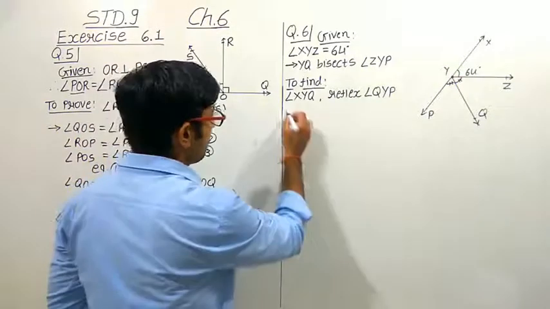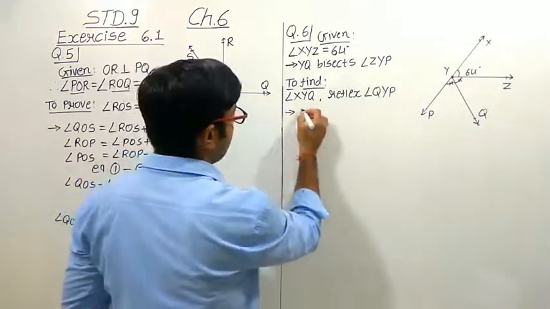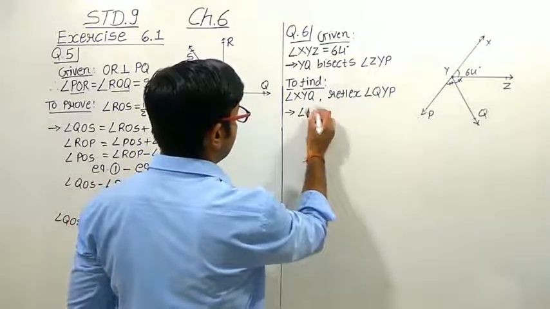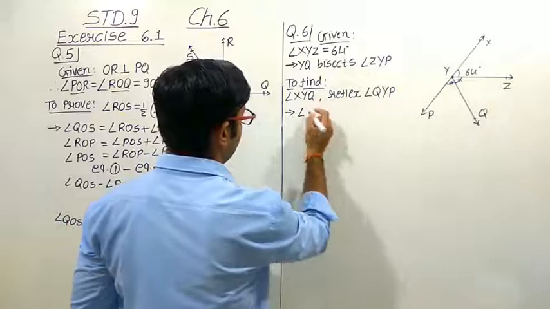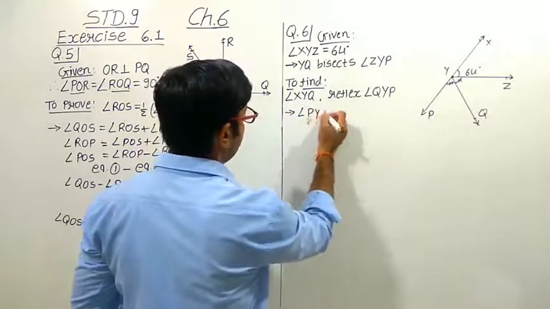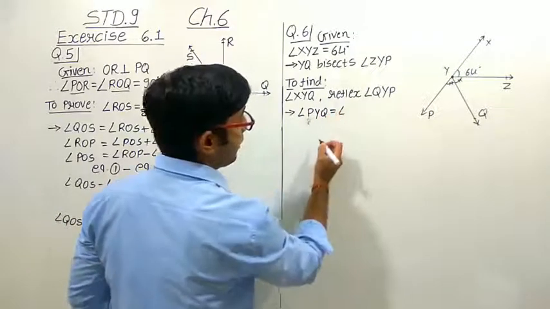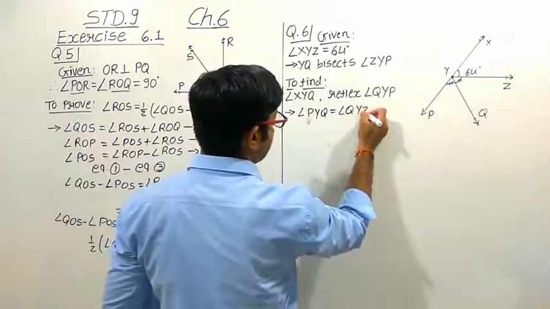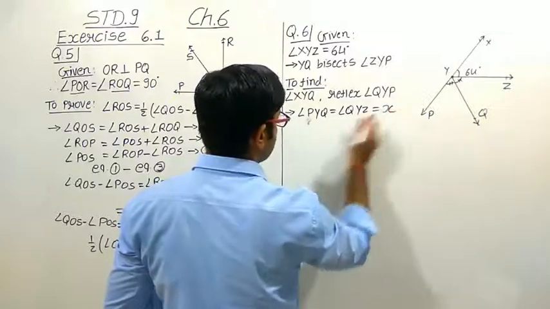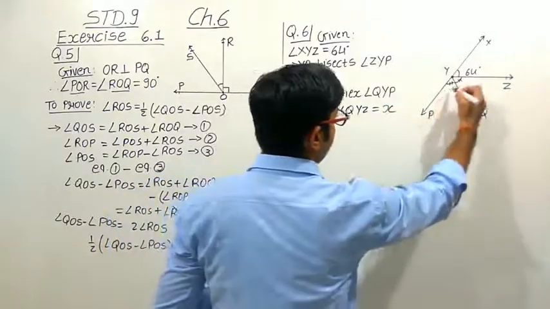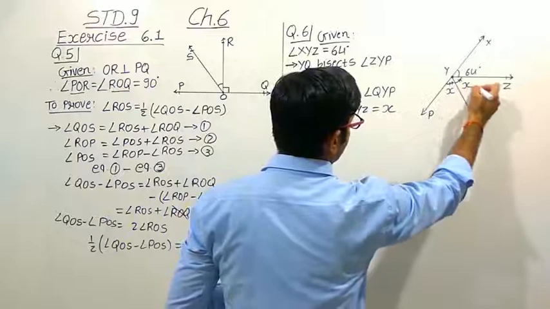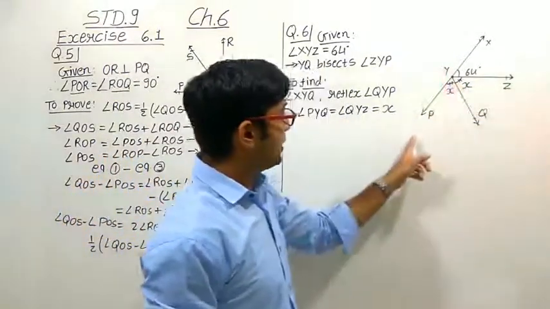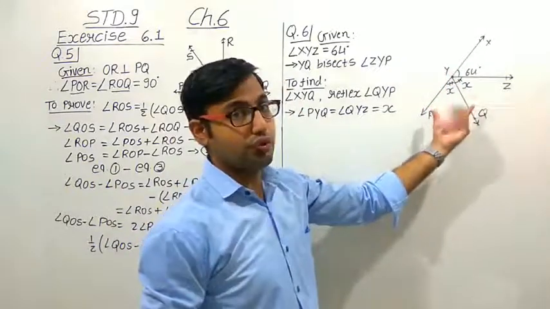So let's suppose angle PYQ is equal to angle QYZ, and QYZ is equal to X. Let's suppose that angle is X. So this is X and this is also X. Whatever the angle value of ZYP, that is divided into two portions, right?